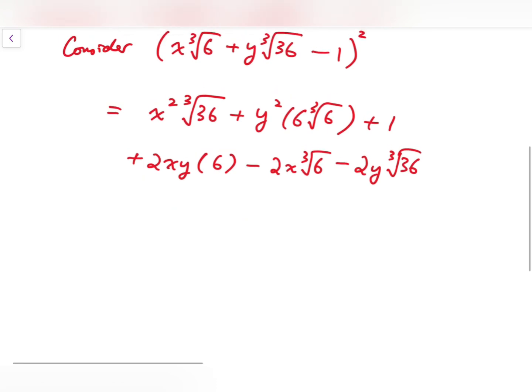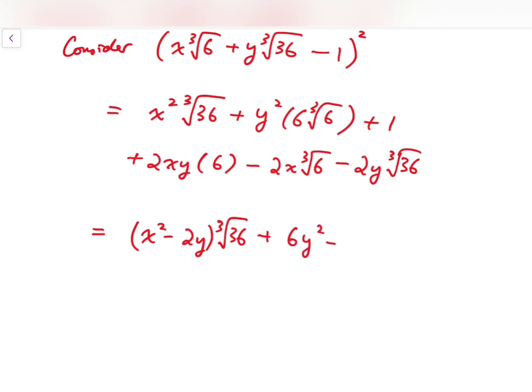And simplifying, you may see that there are some like terms. For example, in terms of cube root of 36, we have x squared minus 2y times the cube root of 36. And then in terms of cube root of 6, we have 6y squared minus 2x all multiplied by cube root of 6.